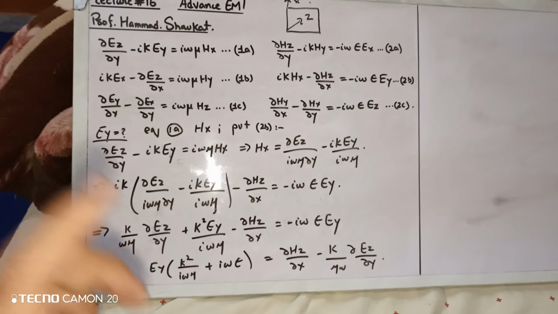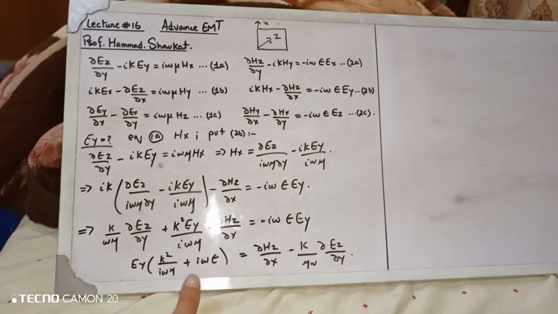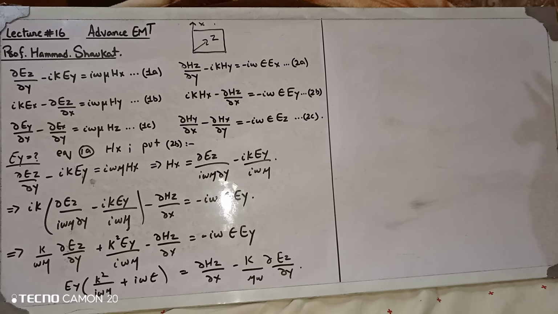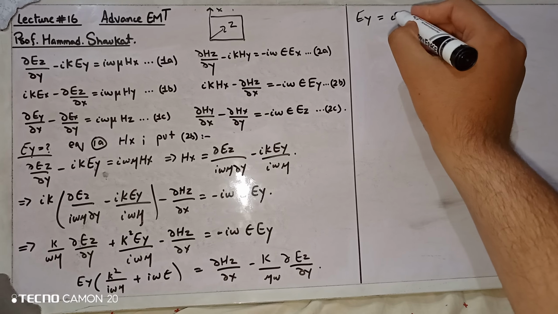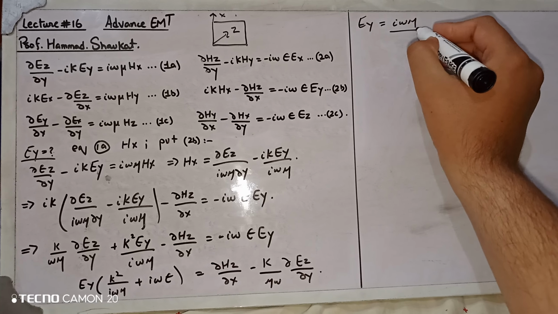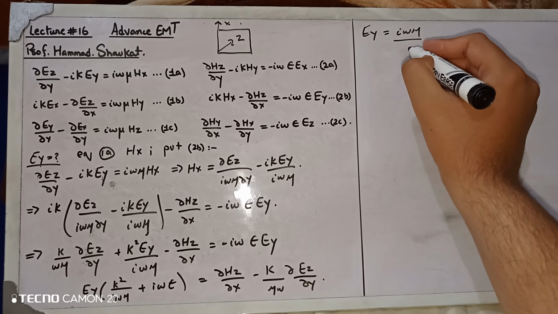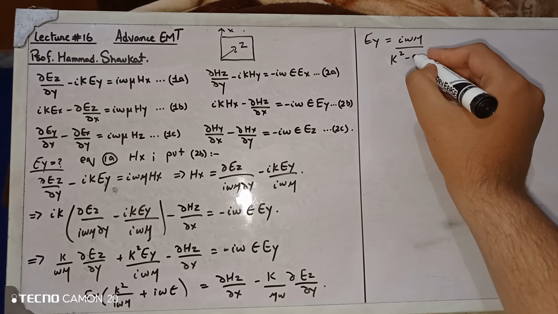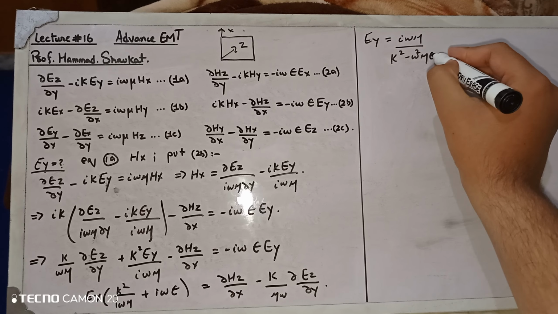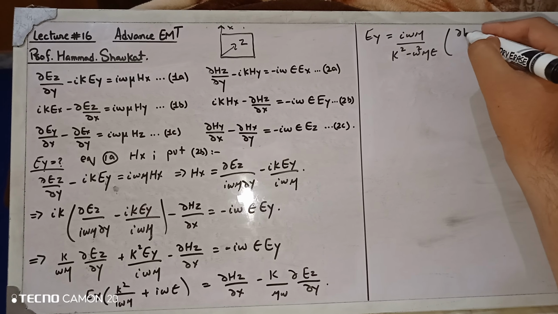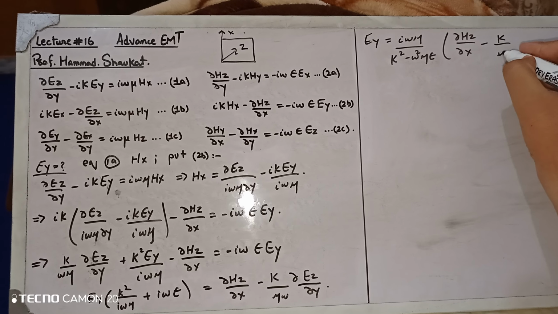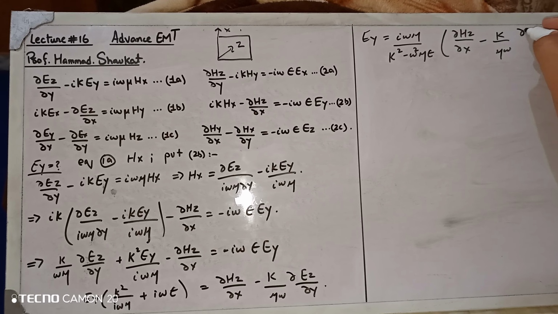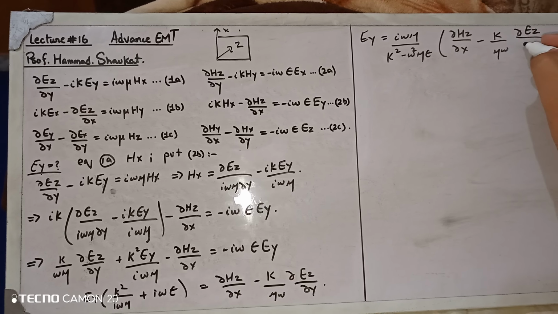Now again we have to take the LCM of this expression. So here Ey can be written as iota omega mu divided by k square minus omega square mu epsilon multiplied by partial Hz by partial x minus k divided by mu omega partial Ez divided by partial y.